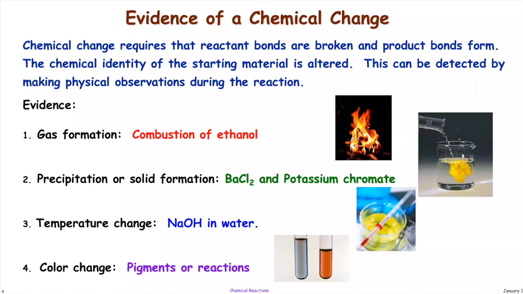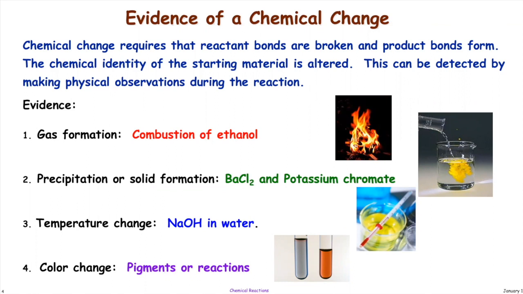Okay. So when you're looking for evidence of a chemical reaction, these are the evidence. When you see gas or you see flames, that shows that you have gas formation. So that's the evidence that a reaction has occurred, and that might be the combustion of ethanol or the ignition of sugar.